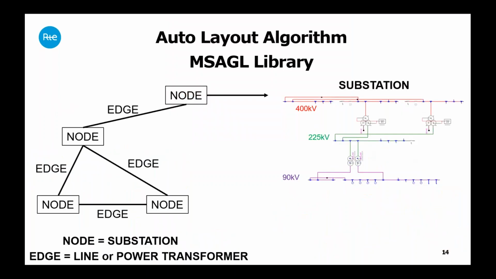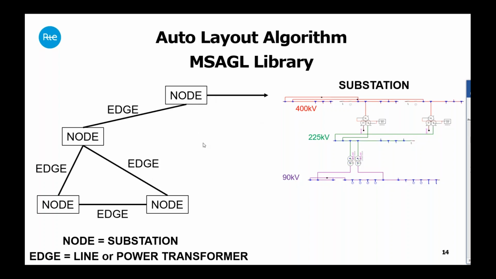Okay, so here is how the auto layout algorithm works. In CGMES, we have mainly substations interconnected by lines. So we consider in the graph on the left that nodes are substations and the edges are lines. We indicate how substations are connected, and we let the algorithm find coordinates of the node centers.